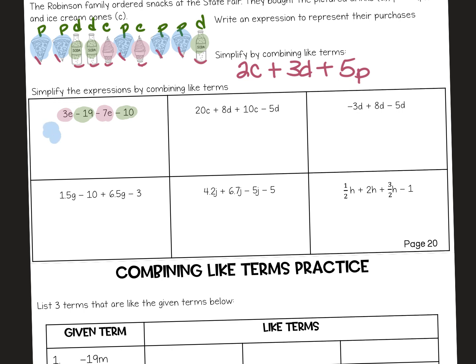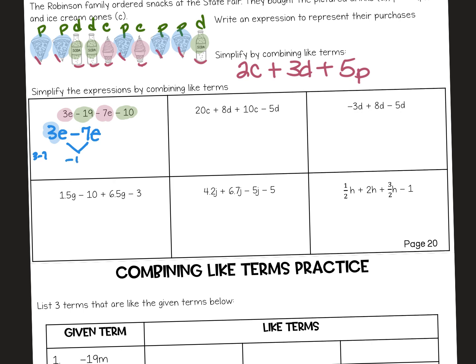I'm going to get 3E minus 7E. So in my calculator, I'm going to do 3 minus 7, because those coefficients tell me how many times it's represented.